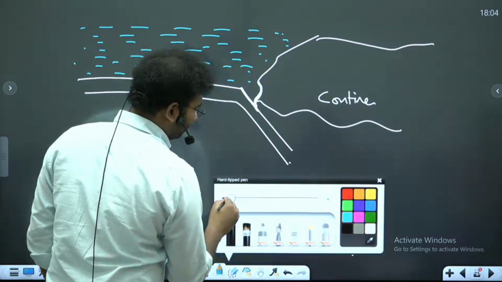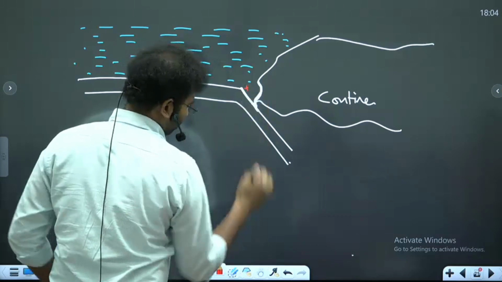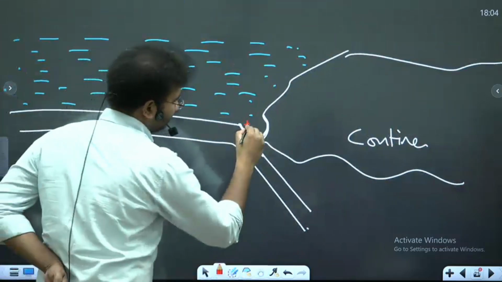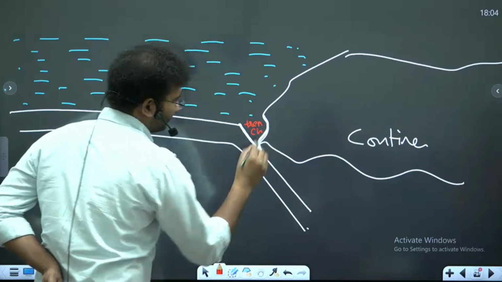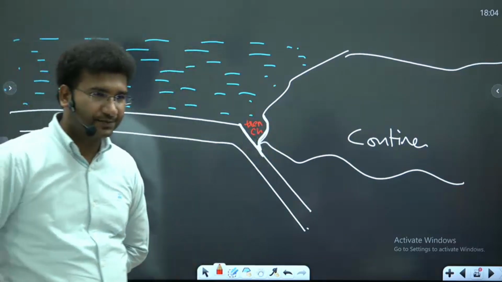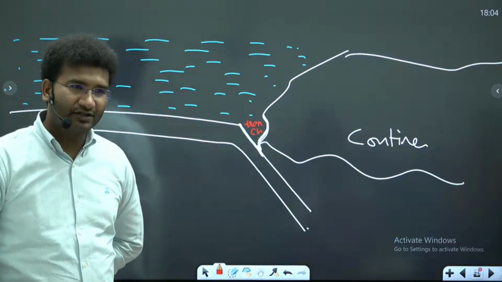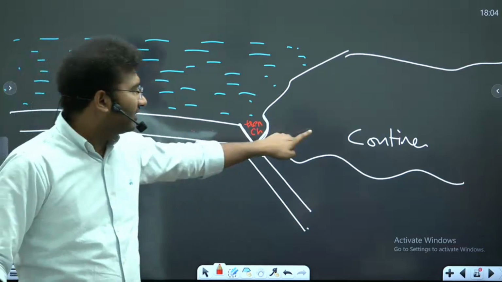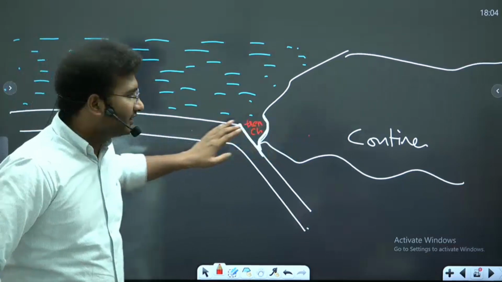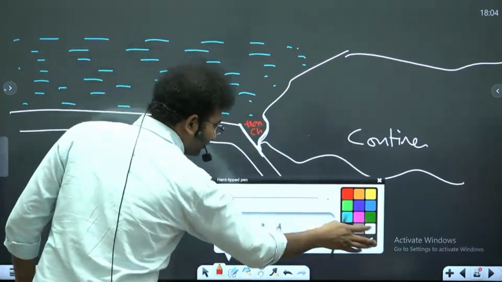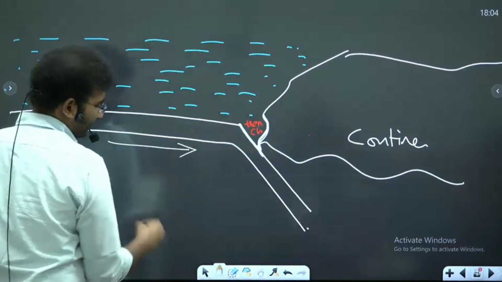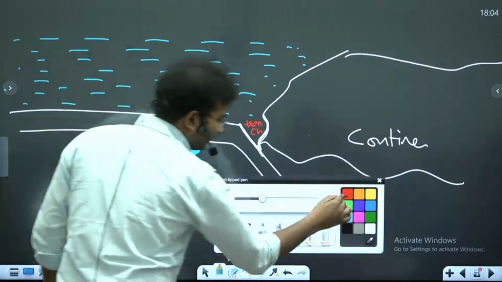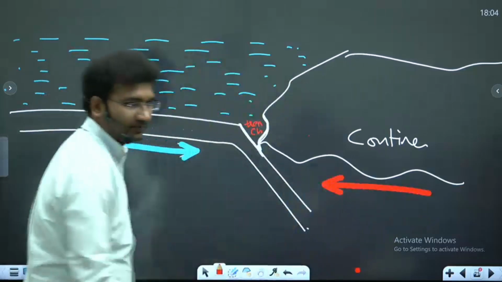This is nothing but the deepest part of the ocean. Trench. The deepest part of the ocean is called a trench, and this is present between oceanic crust and continental crust. See, I am pushing this, or I am moving this oceanic crust and continental crust in the opposite direction.